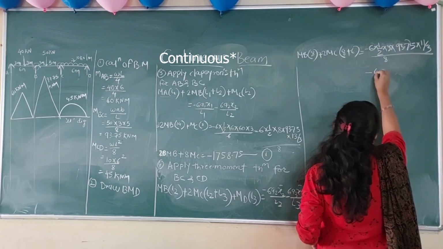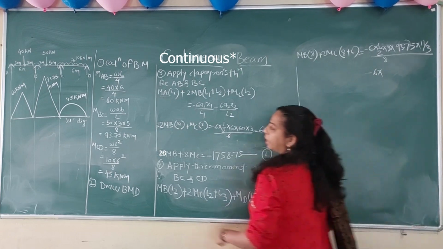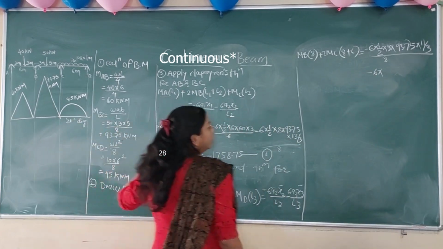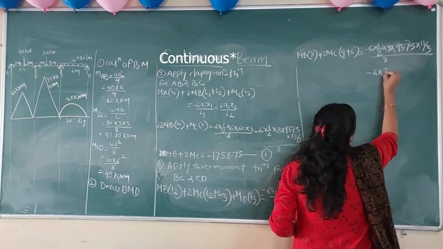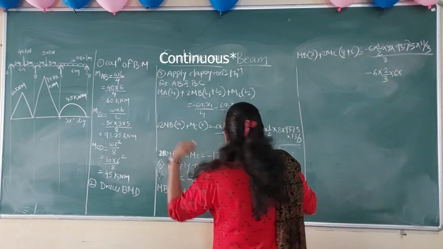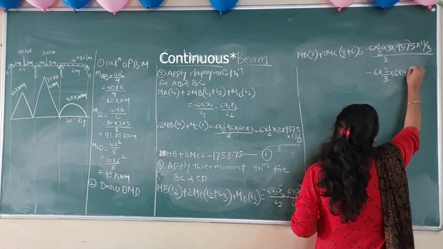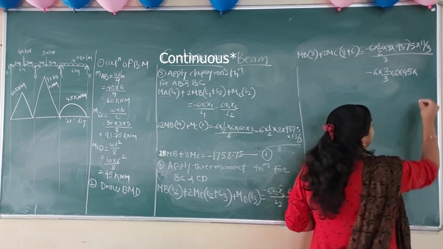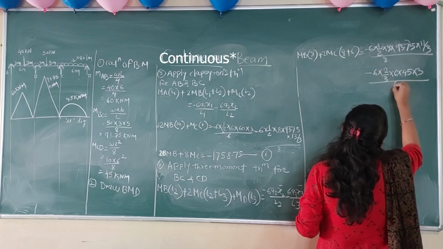Again minus 6 A3: this is a parabolic curve, so area is 2 by 3, base is 6 and height is 45, and the center point is 6 by 2, which is 3, divided by 6.